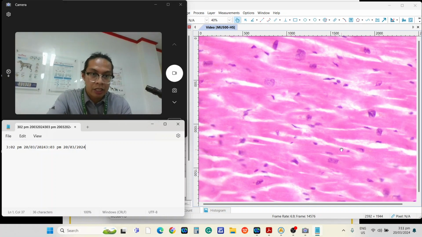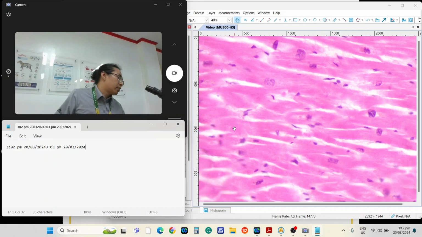So this is an example of a nucleus of a cardiac muscle cell. Meron tayong nakikitang perinuclear halo or pale staining cytoplasm around the nucleus of a cardiac muscle cell. So again, this is a cardiac muscle cell. Siya ay branching, siya ay also striated. May nakikita pa tayong mga intercalated discs.